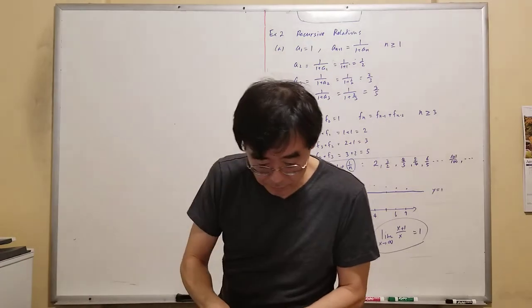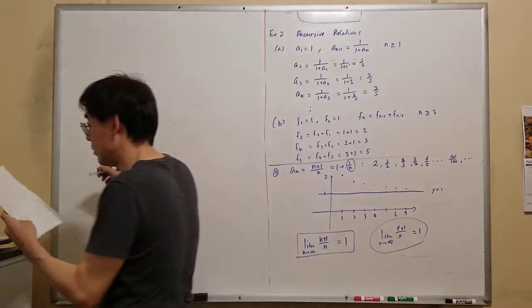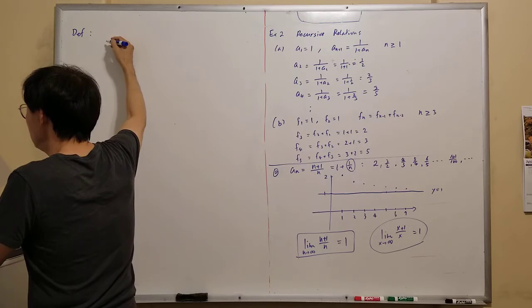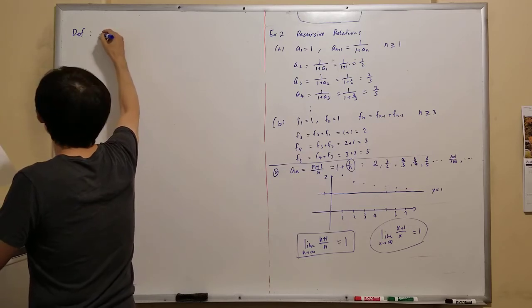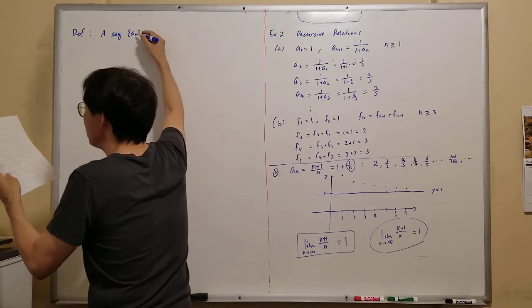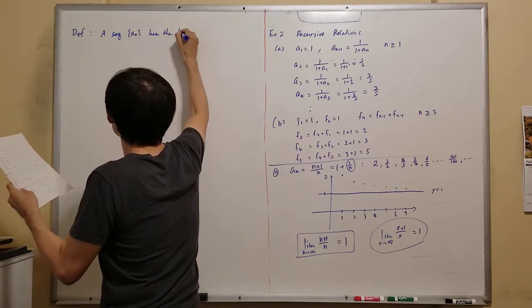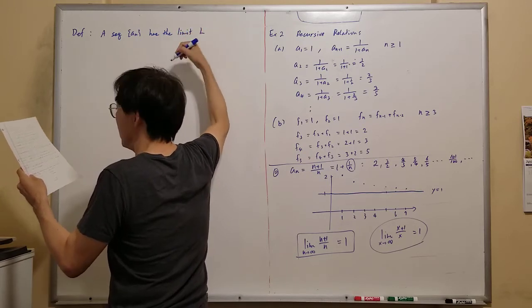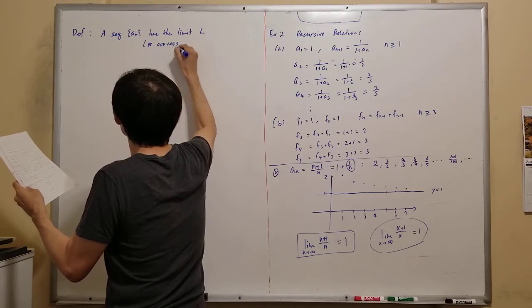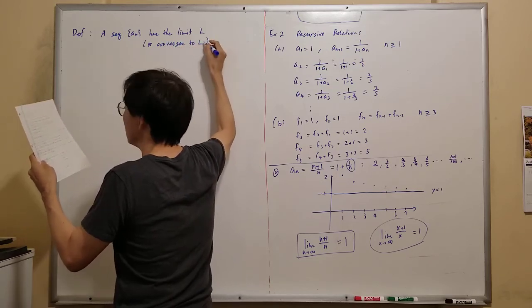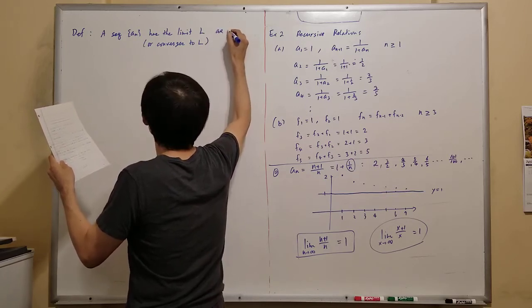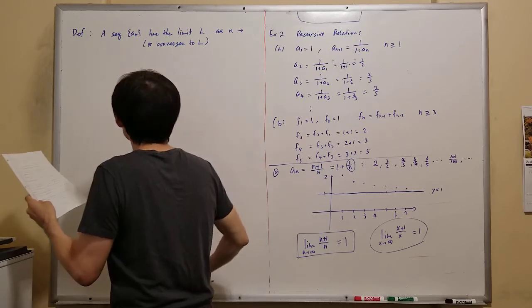So let me give you in general: a sequence a_n has the limit L, or converges to L, as n goes to infinity.